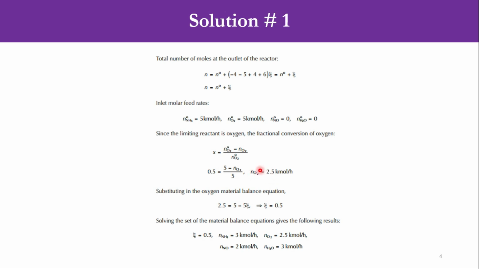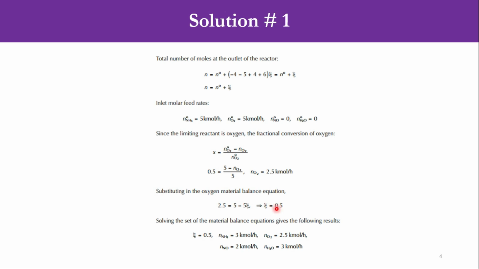Now substituting this value in the previous equation, which was N of O2 is equal to N naught O2 minus 5 epsilon: N of O2 is 2.5, N naught O2 at the initial condition is 5, minus 5 times epsilon. So the epsilon answer, or the extent of reaction, will be 0.5.